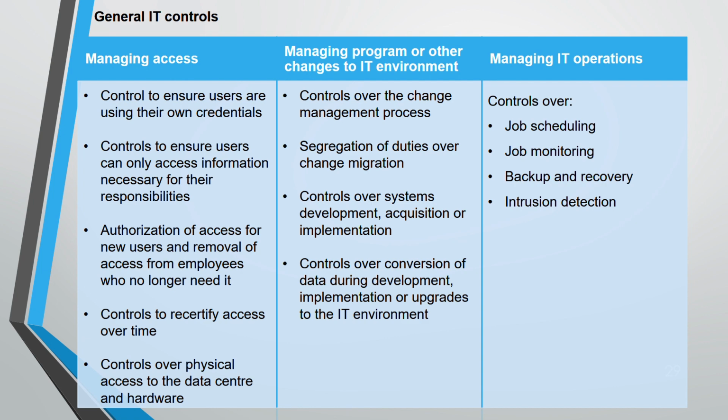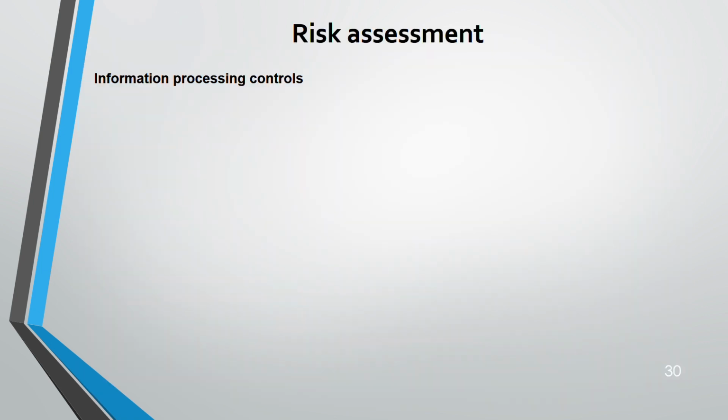For example, if your stock level falls below a certain level, or if you're suspicious of, let's say, a change in data, and someone tries to change that data, warning signals will be given in the system. That is known as intrusion detection.